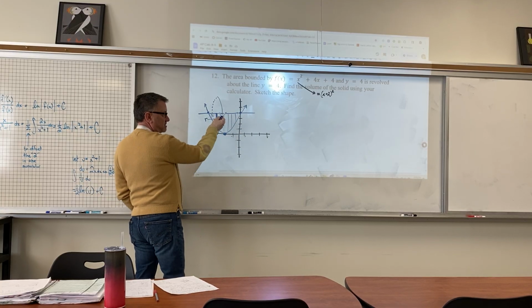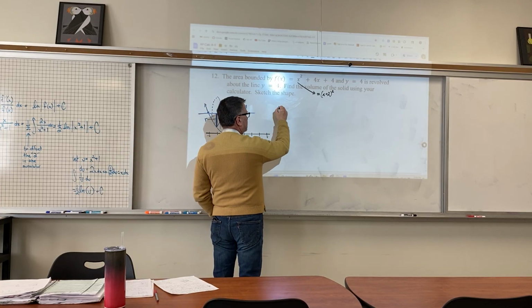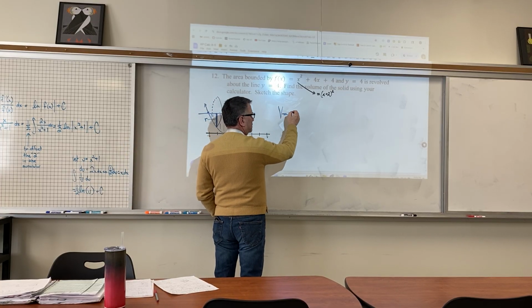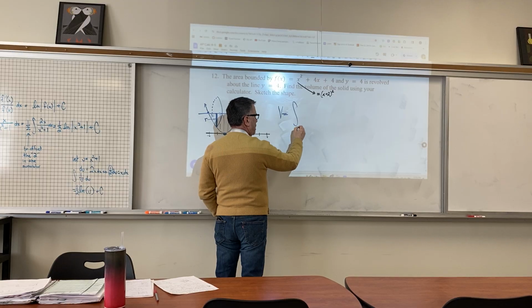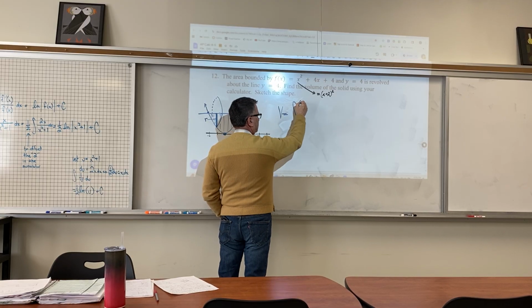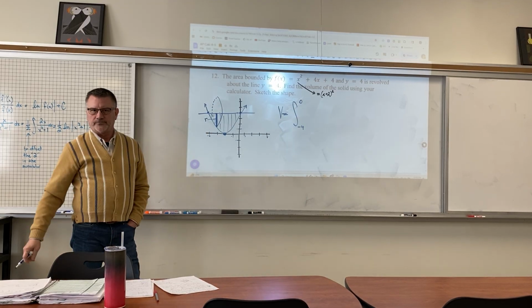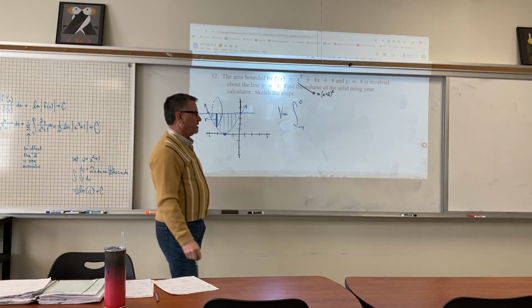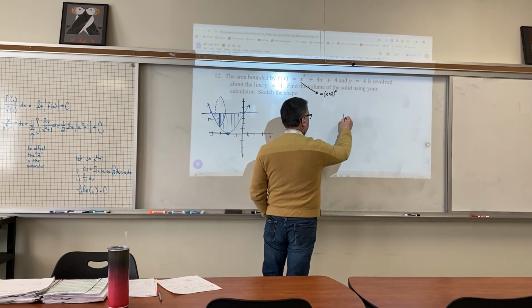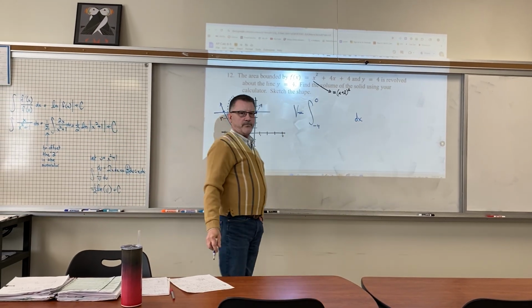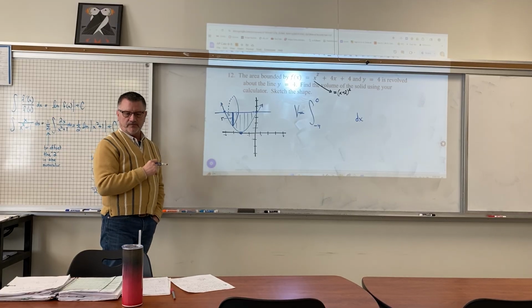Like the x-axis got moved up. So I at least know this. I'm going from -4 to 0. I at least know that. And I at least know I can do dx from -4 to 0.